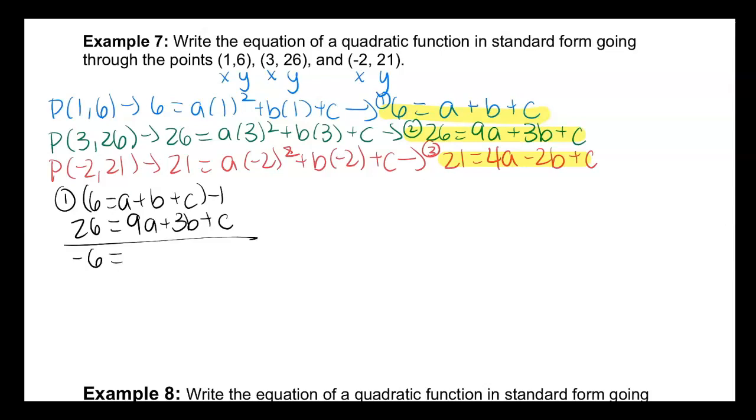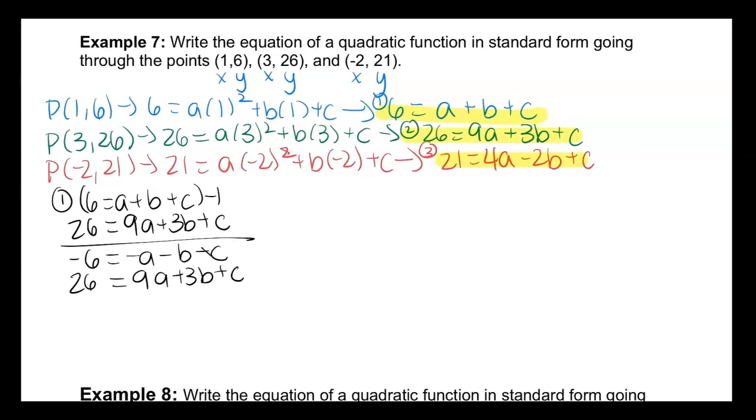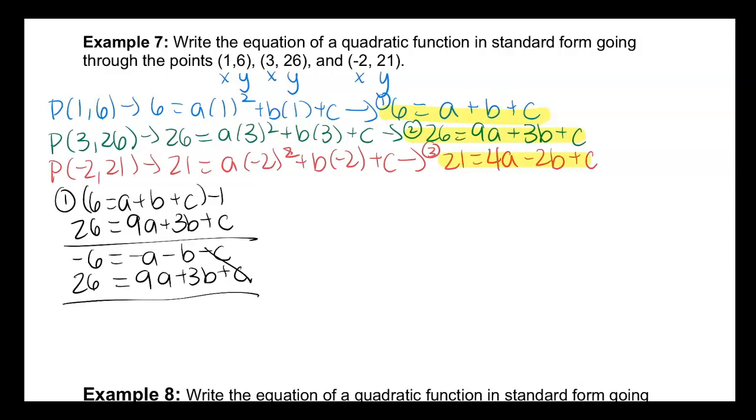So negative 6 equals negative a minus b minus c. The second equation is going to stay the same. The c's cancel. So we're going to be left with 20 equals 8a plus 2b. I'm going to label this as equation A.